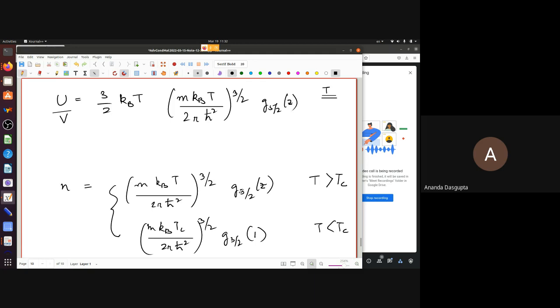So can you tell me what will happen to the energy? Will this be valid when T is less than Tc? It is okay when T is more than Tc, no problem, because when T is more than Tc, no state is macroscopically occupied, so we have no issue. When T is less than Tc, what happens? Is this still valid? I think it should not be valid.